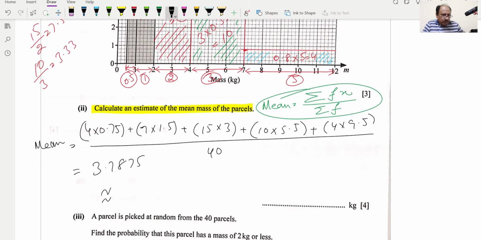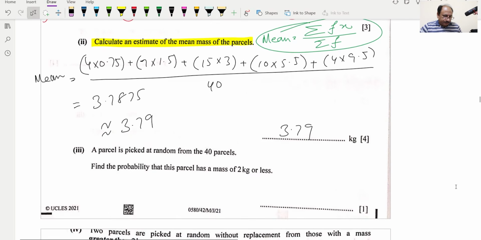So up to 3 significant figures we can write 3.79 kg. This will be the mean.